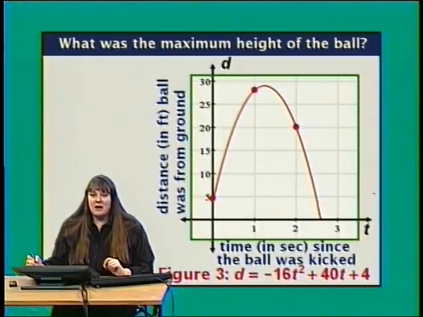What's the maximum height of the ball? Notice the 3 points that we knew about are on this graph. This is a graph of d equals negative 16t squared plus 40t plus 4, the quadratic equation I just found.